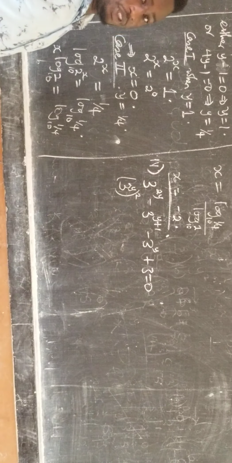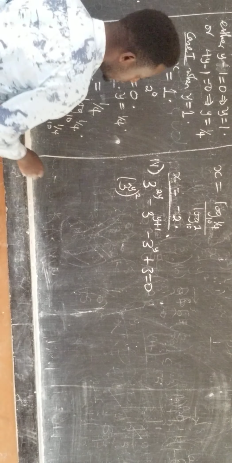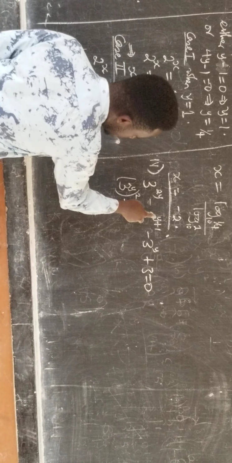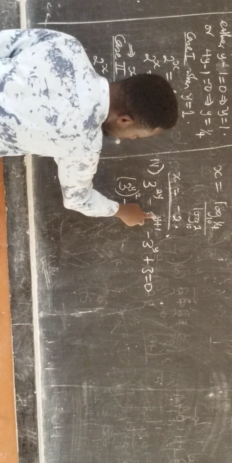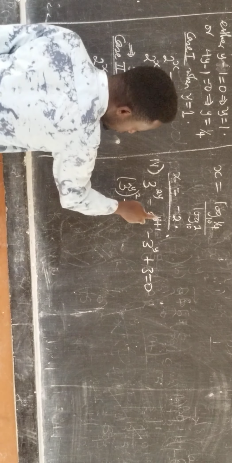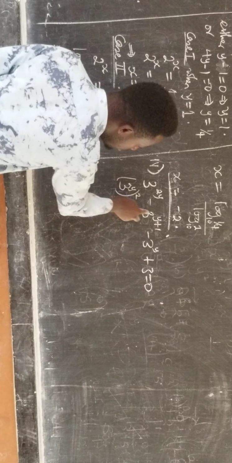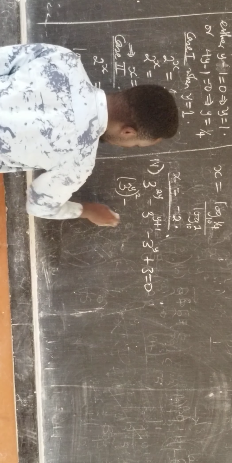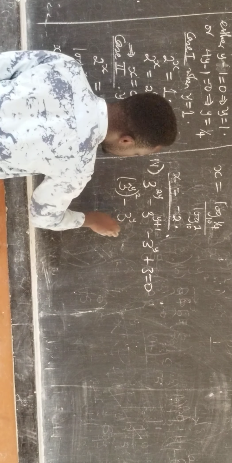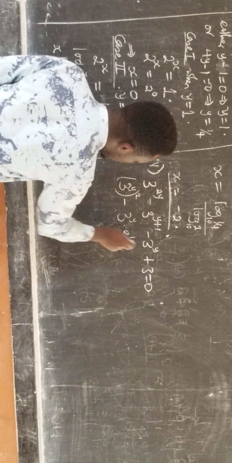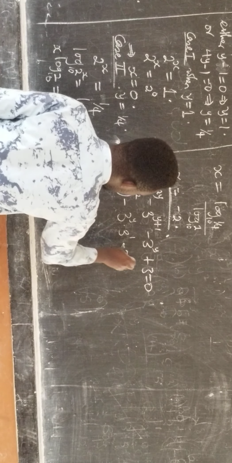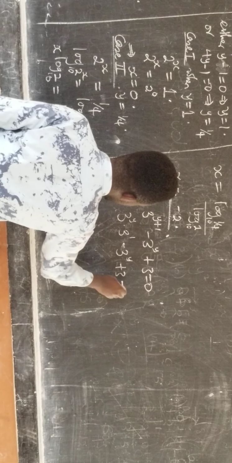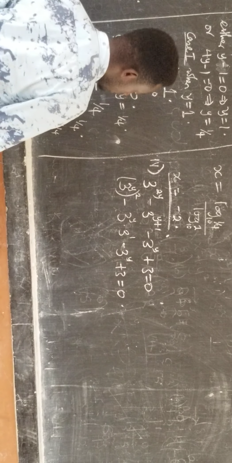I hope you appreciate that. Then minus, now this one, I'm applying the first law of indices, whereby if I am adding the powers, this will be 3 power y times 3 power 1. This one is already minus 3 power y, then plus 3 is equal to 0.